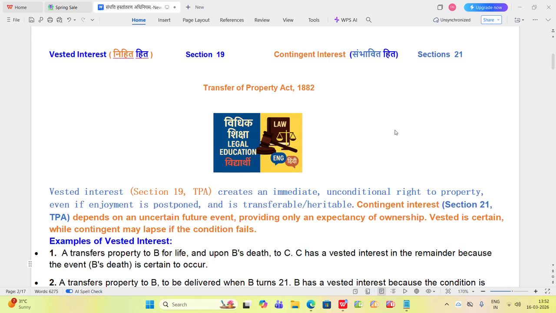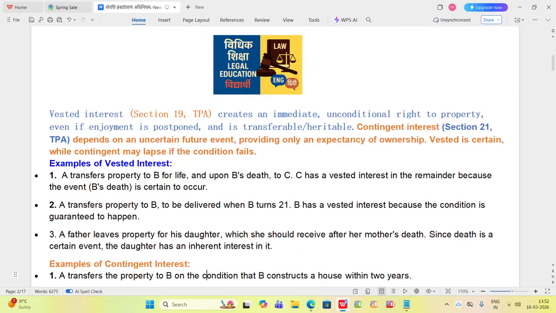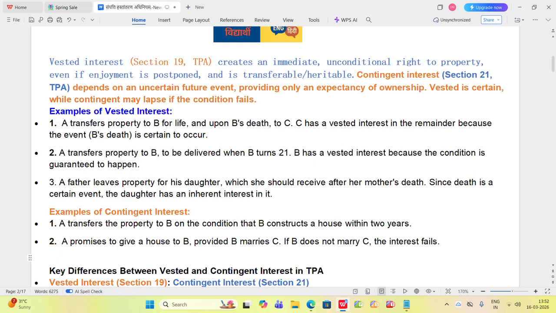Friends, now I am taking up some examples for both vested interest and contingent interest to clear the concept. Number one, example of vested interest.